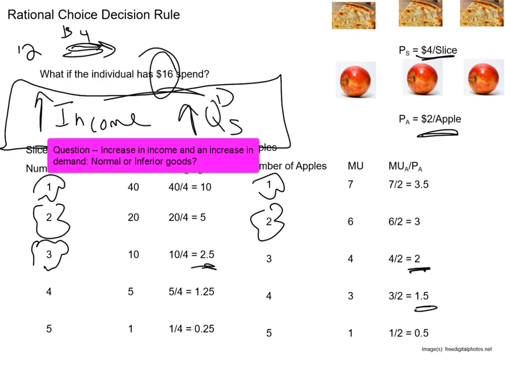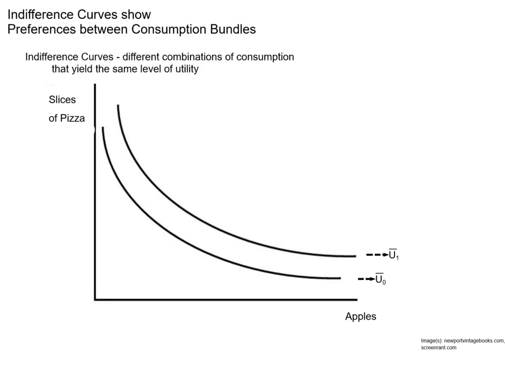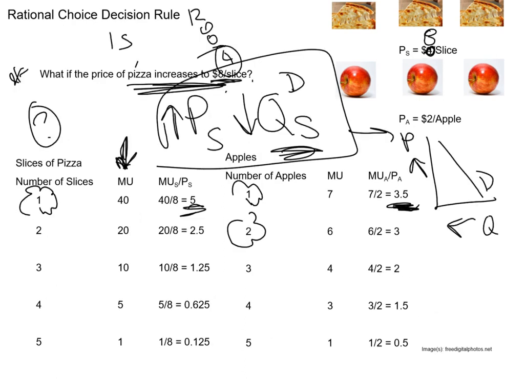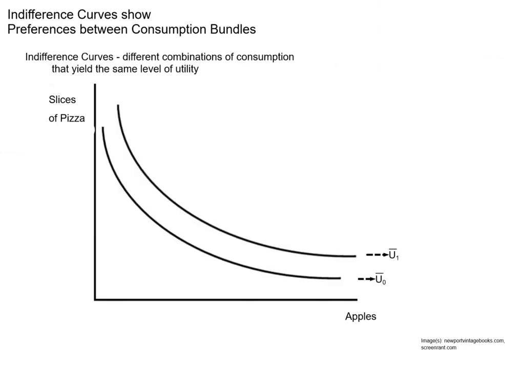When there's an increase in income and the demand increases, do we refer to those as normal goods or inferior goods? So the story with this rational decision rule and the impact of the substitution when prices change and income when income goes up is a little bit more complicated than what we're presenting here. But again, this is just an intro level class, and so I think that's a decent place for us to leave it.